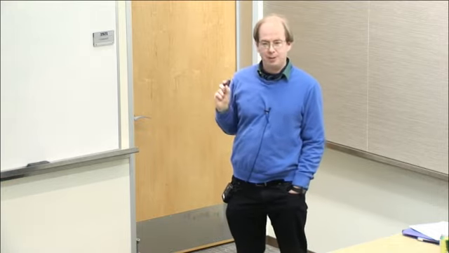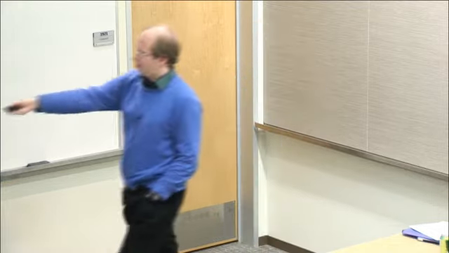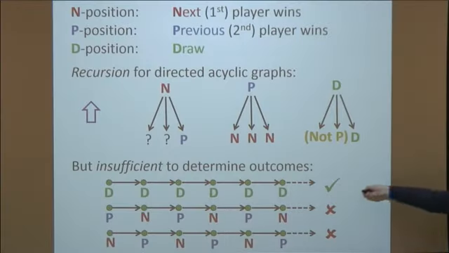But note already that this recurrence in itself is not sufficient to determine game outcomes, because consider this simple example where the game graph is just an infinite line. Every vertex being D is a solution to that recurrence, and it's the correct one, that really every vertex is a draw. But these two alternating patterns, PN or NP, are both solutions to the recurrence.